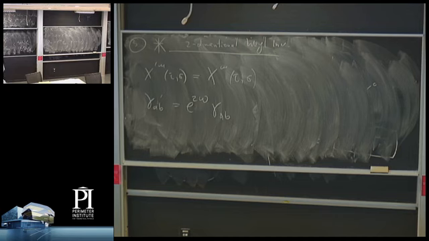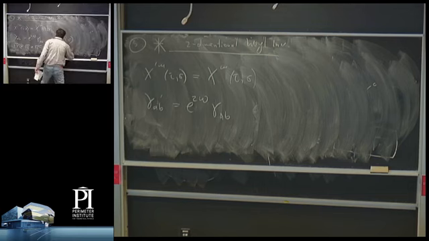So why is the Polyakov action invariant under this Weyl transformation? The reason is that the square root of minus gamma goes into the square root of minus gamma prime, which is the square root of e to the 4 omega times the square root of minus gamma, equal to e to the 2 omega times the square root of minus gamma.